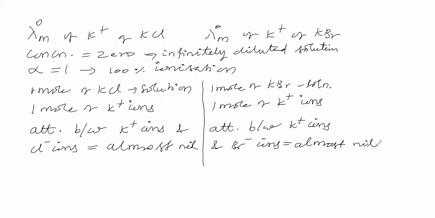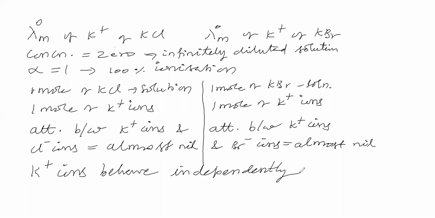That means attraction is almost nil, which means K plus ions behave independently. That is the meaning, no? Here the attraction between K plus ions and Cl minus ions is almost nil.